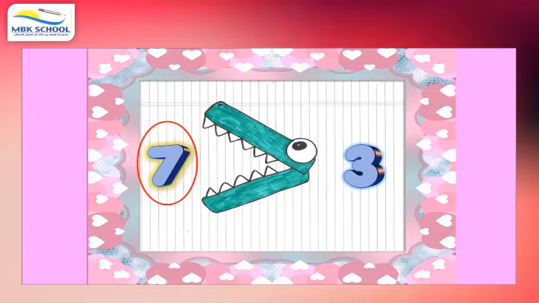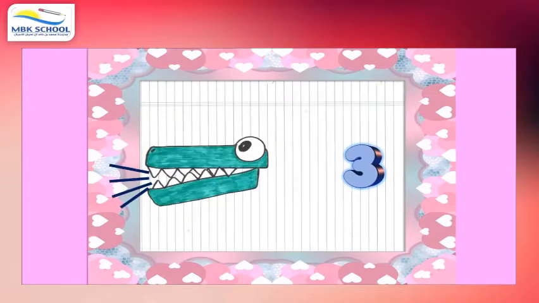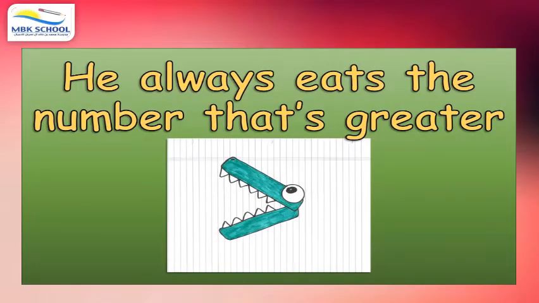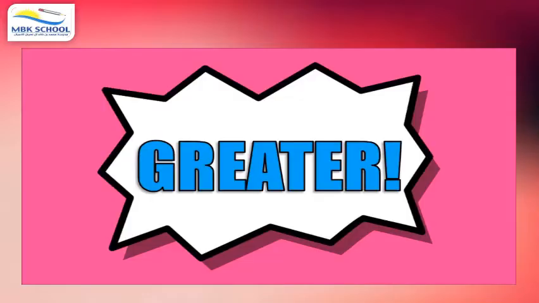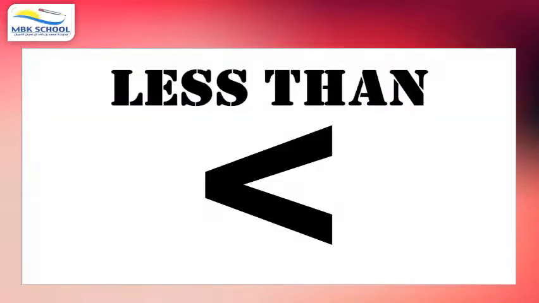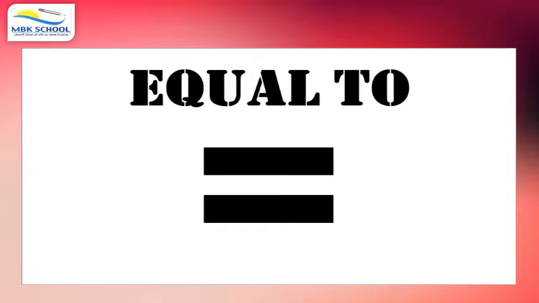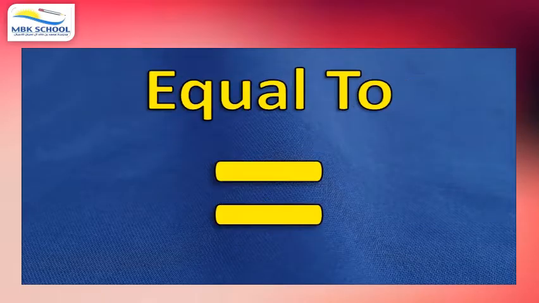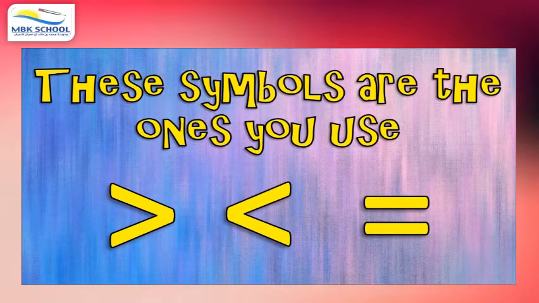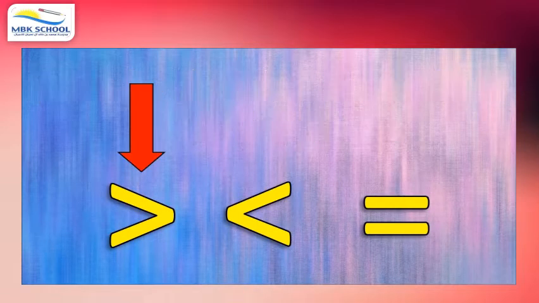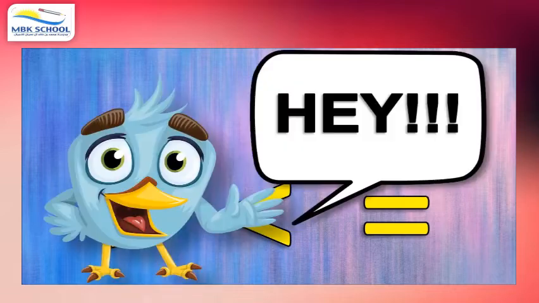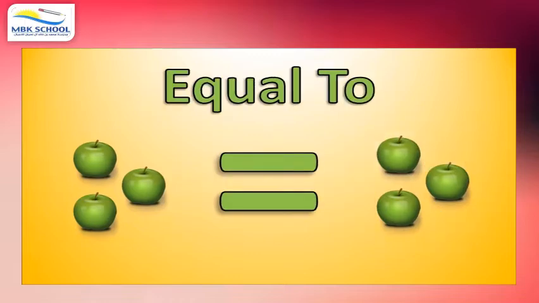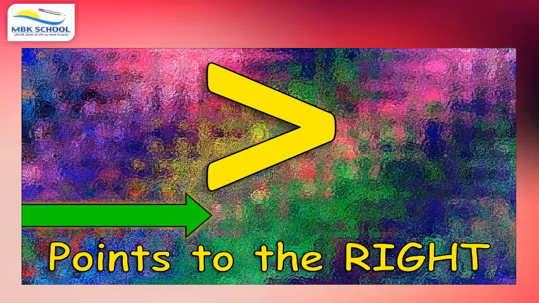Whichever number was the biggest of the two was the one that he would eat. He always eats the number that's greater. The greater than symbol points to the right.